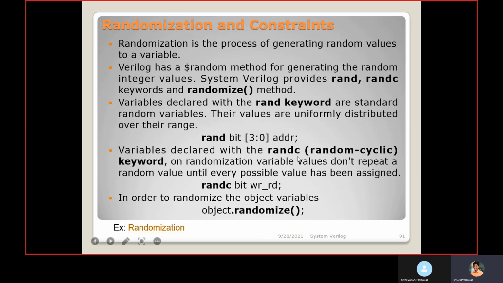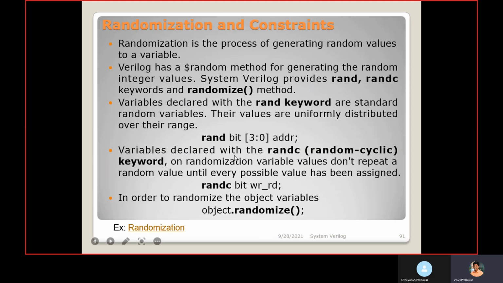The variable declared with randc is random cyclic. The randomized variable value does not repeat until every possible value has been assigned. If I declare a one-bit variable as randc, the possibilities are 0 and 1. First you will get 0, and the next you should get 1.